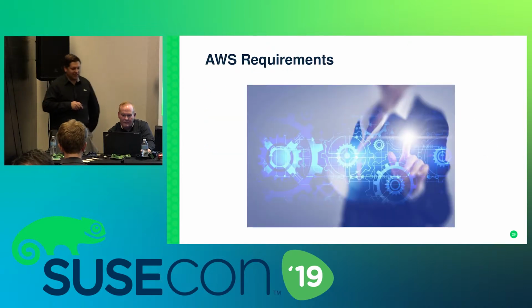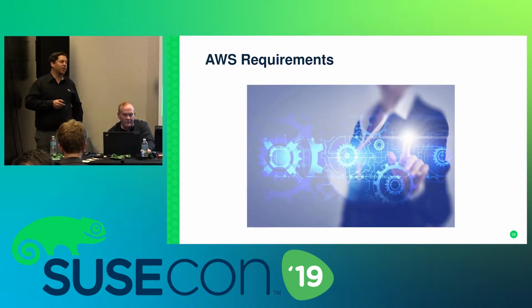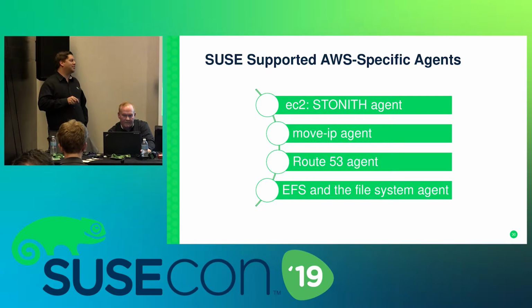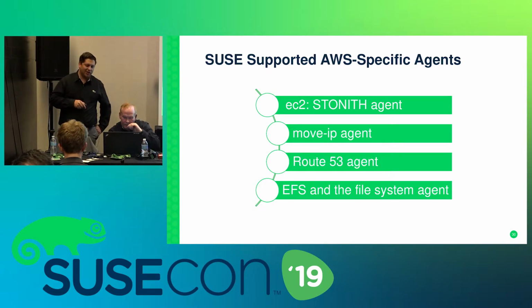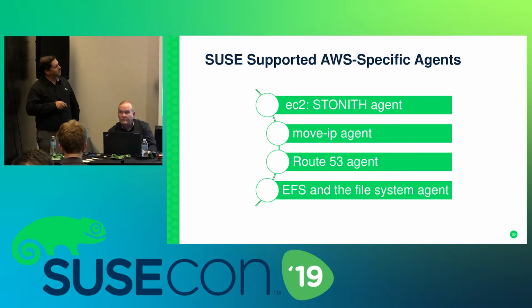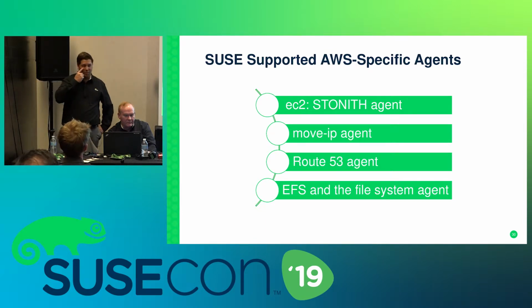So again, going to the AWS specific ones, we will cover the top 2 in this presentation. But there are others, like the Route 53 agent, as well as the EFS and file system agent that we will not talk about today. Are you talking about this in any other session?